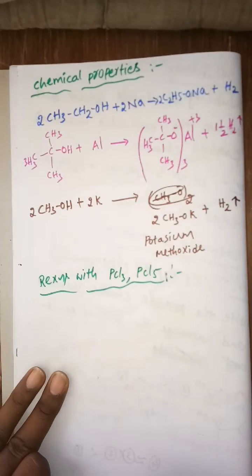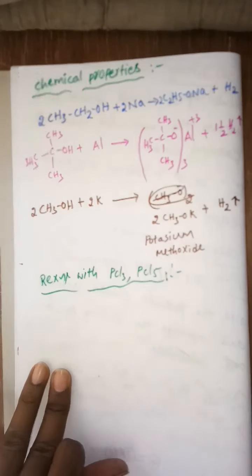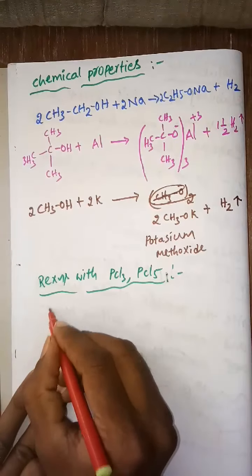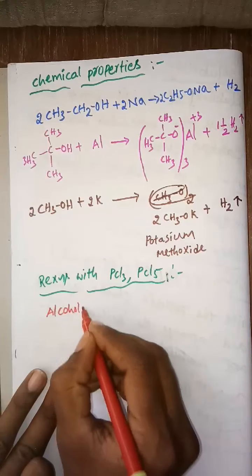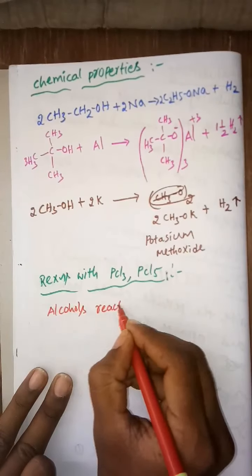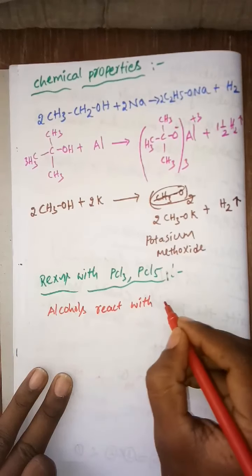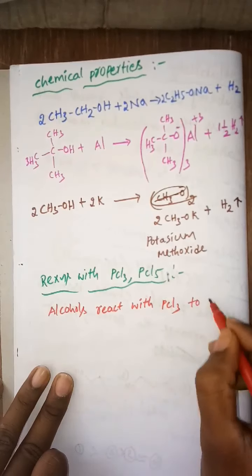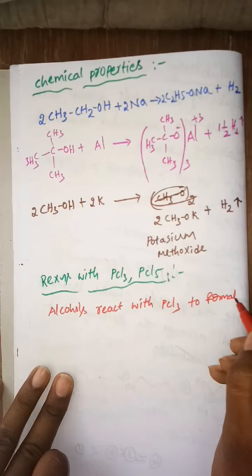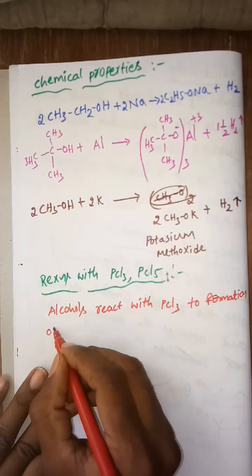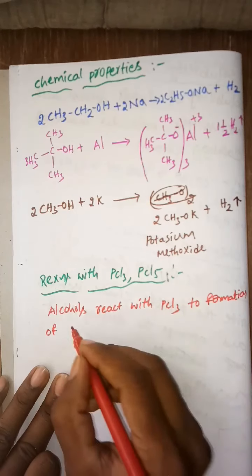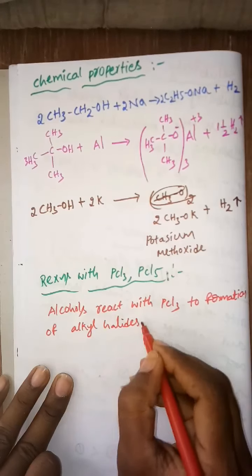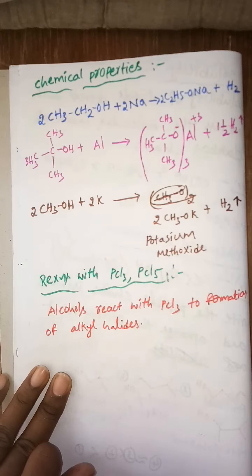Alcohols react with PCl3 to form alkyl halides.